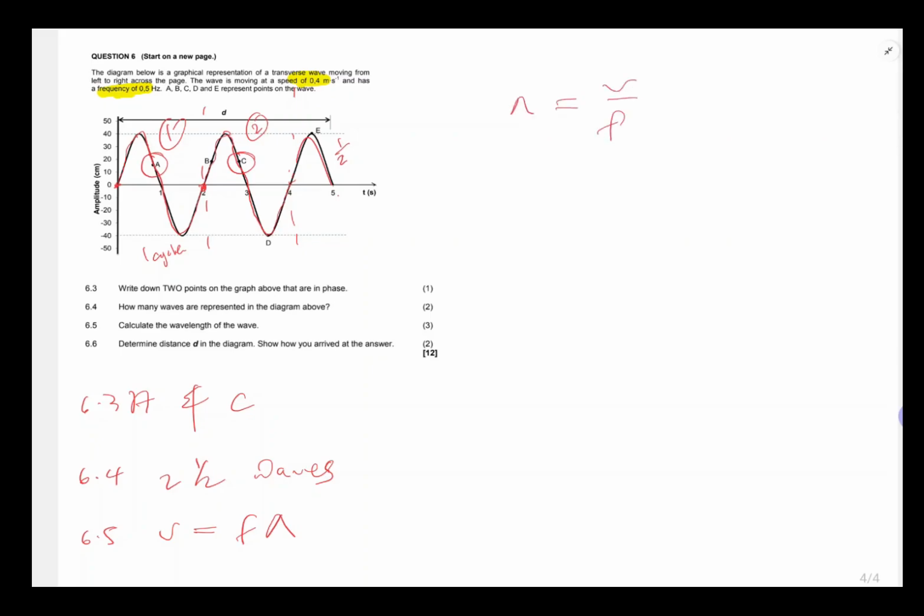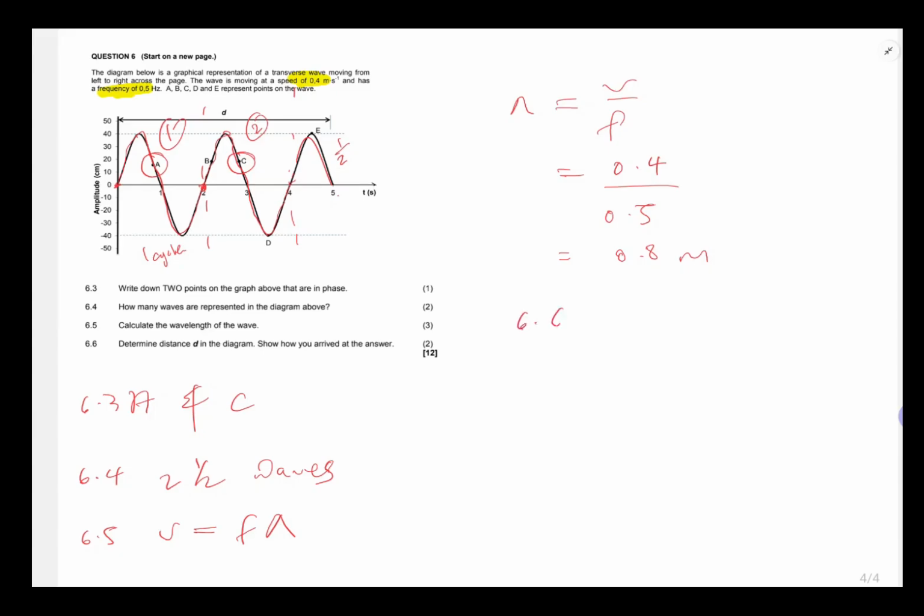Now it's easier; we don't have to crack our heads. Just plug and play: 0.4 and the frequency is 0.5. So now what we have is 0.8 what? Meters. Not cats, apples, or dogs, meters, because it's the distance. Simple, straightforward, just utilizing the equation that you will be given.